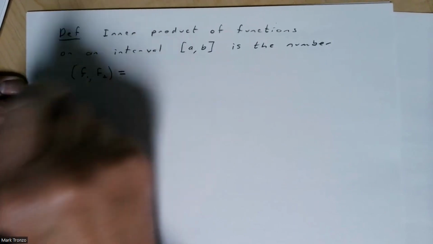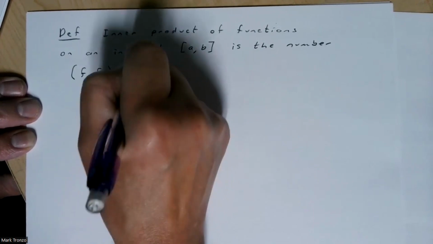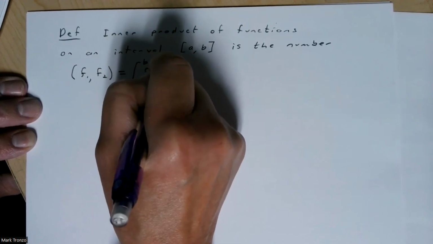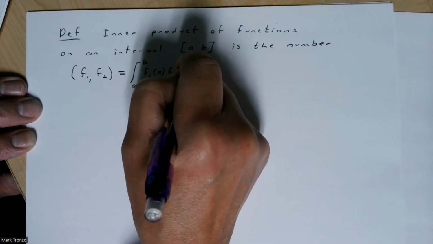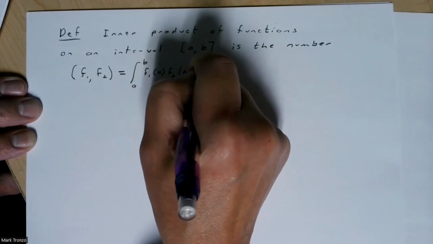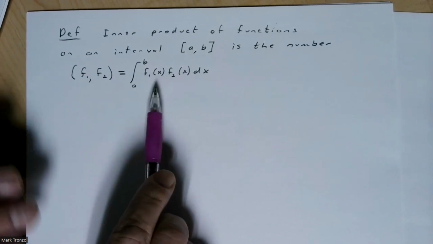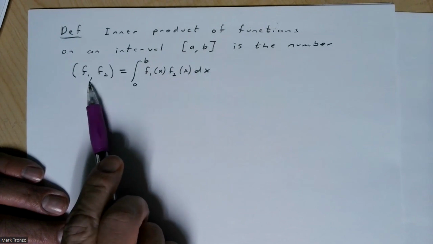Remember, the inner product always produces a number, or a scalar. So let's say you have one function and another function. The inner product of those two functions is defined this way. Once again, you put in two vectors, so to speak.